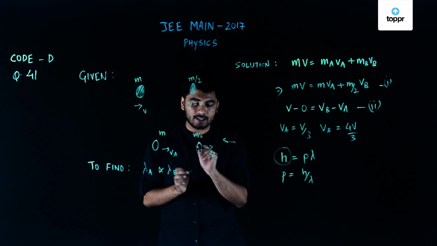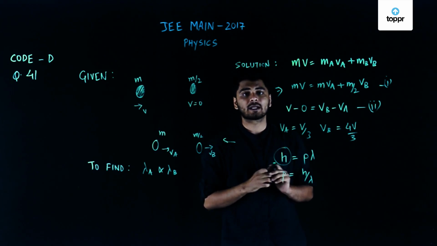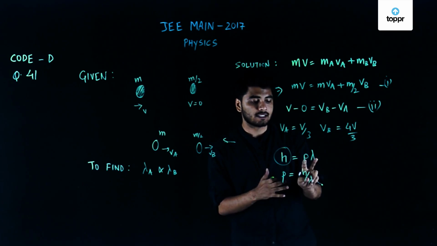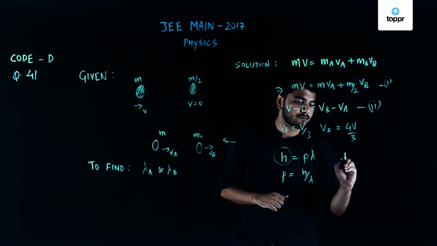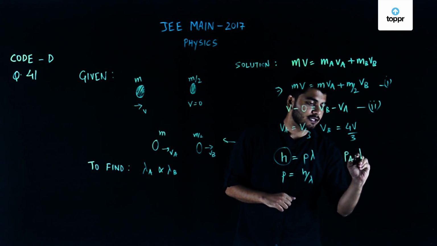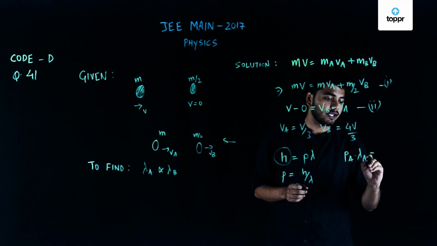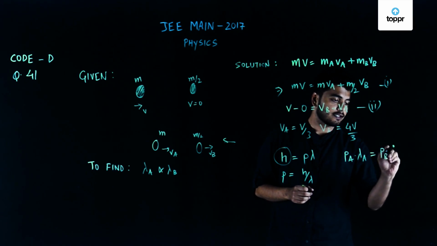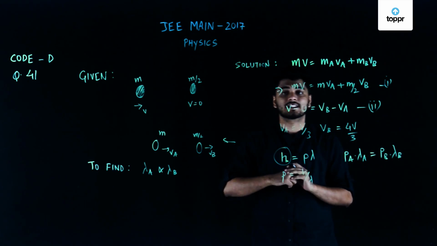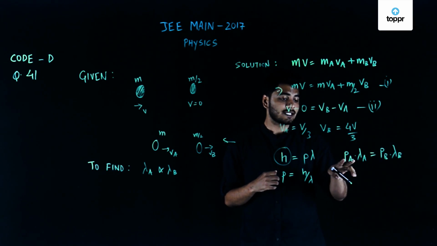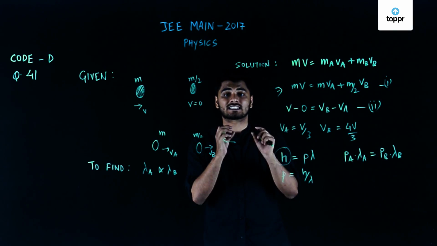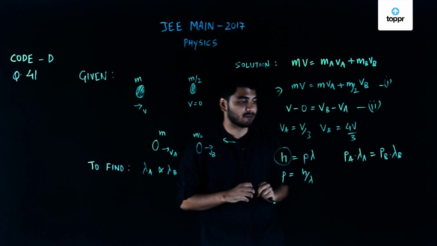So my h would remain constant because it's a Planck constant. That implies that Pa times lambda A, the de Broglie wavelength associated with particle A, would equal Pb times lambda B, the de Broglie wavelength associated with particle B. Note here that Pa and Pb are the respective linear momenta.